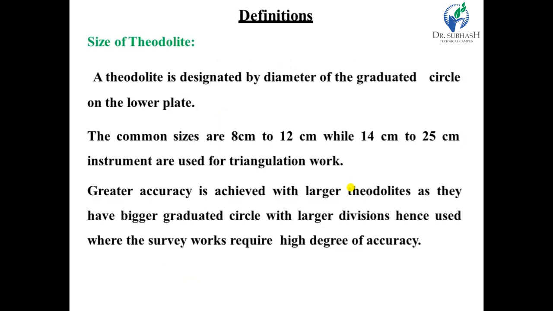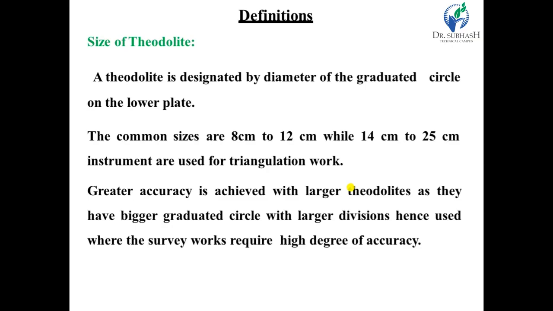Now, size of theodolite. In many examinations, the size is a very important parameter that is asked: how can we identify the size of the theodolite? The theodolite is designated by the diameter of the graduated circle on the lower plate.